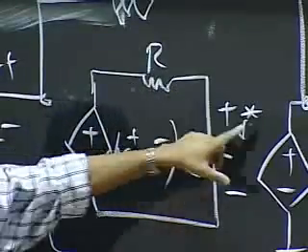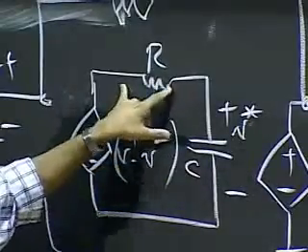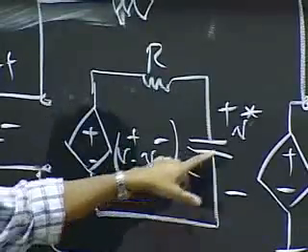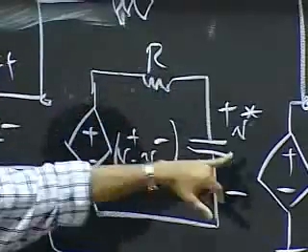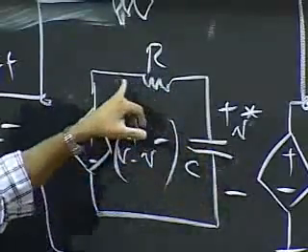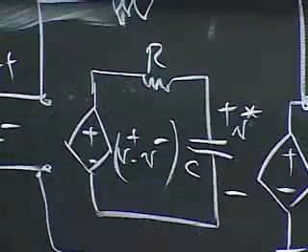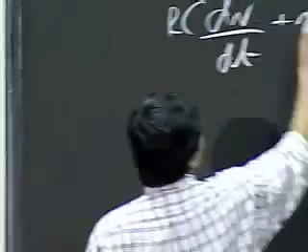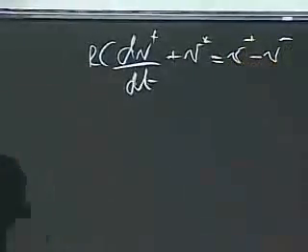The voltage across the capacitor is V star. The voltage across the resistor is the current through the capacitor, C dV star dt, times R. So V star plus RC dV star by dt is equal to V plus minus V minus.